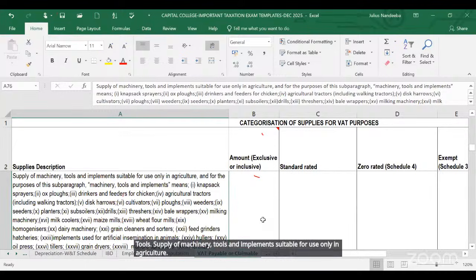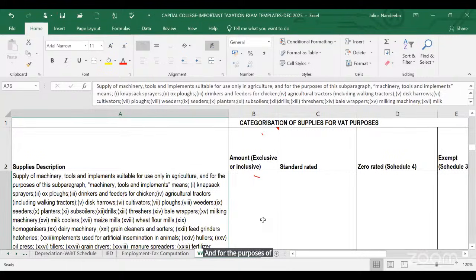And for the purposes of this subparagraph, machinery, tools and implements means, now these items you cannot fail to have one. First, knapsack sprayers, especially when they bring you a number on agriculture. These are some of the things you will see.